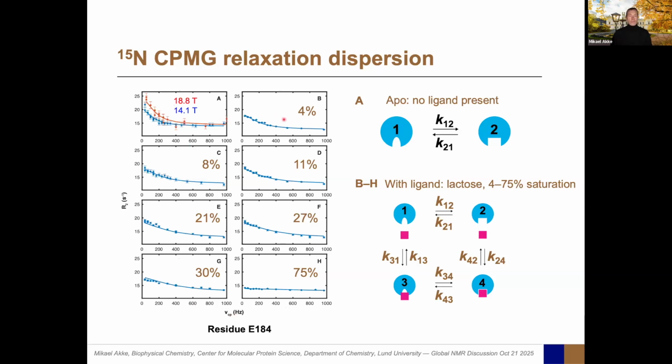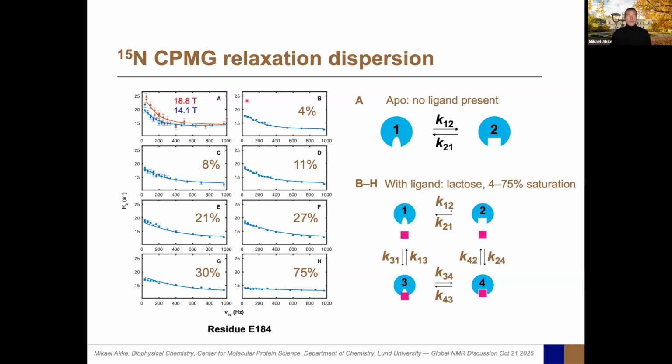And here we have 8 different panels. This is because in our study here, we measured the exchange of the apoprotein, so there's no ligand present at all, and we measured this at 2 different static magnetic field strengths, 800 and 600 megahertz proton frequency. This is N15 relaxation data, and the reason we measure at 2 different fields is that then you can determine the populations and the chemical shift differences a little bit better than if you only have 1.